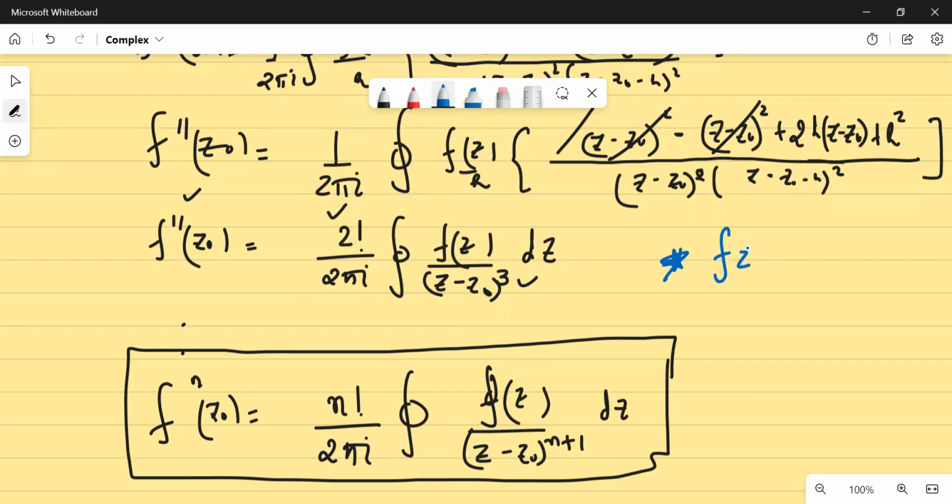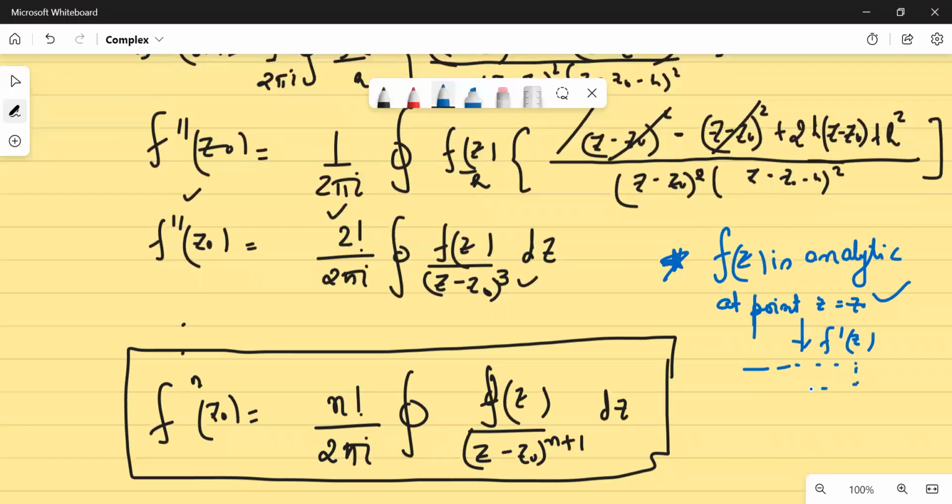We started with fz being analytic at point z equal to z naught. If you remember, I started this entire thing by saying that my function is analytic at point z equal to z naught. That implies my f dash z exists. I tried to find f dash z, and I could end up getting the nth derivative.